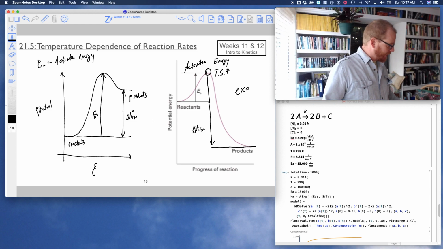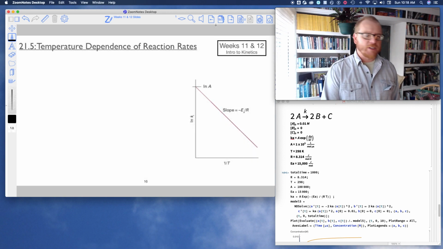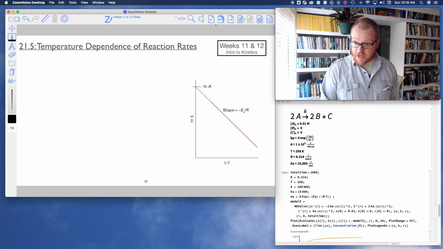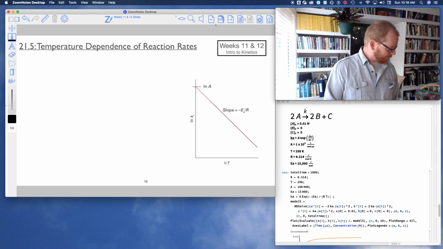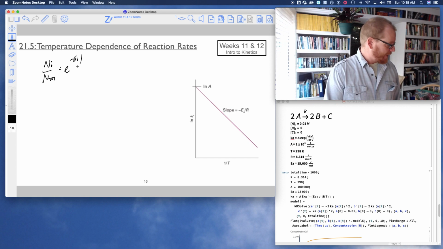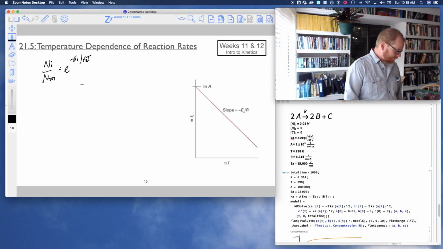So let's see here. So now we know that the activation energy is related to the molecular partition function and the Boltzmann distribution, okay? So that's something goes like this: Ni over N total equals e to the negative Ei divided by k Boltzmann T, okay?